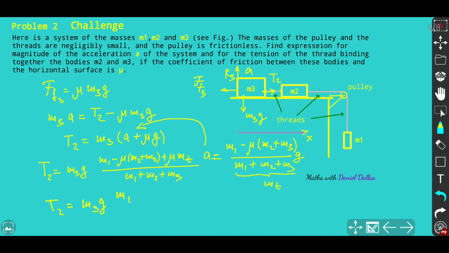I skipped some steps of simplification to save you time, and you can try to do it on your own. And the common denominator stays the same. That's going to be the final expression for the tension force in the thread connecting m2 and m3.